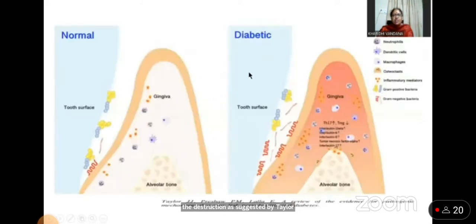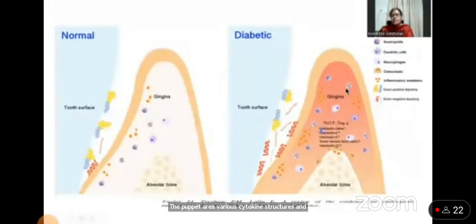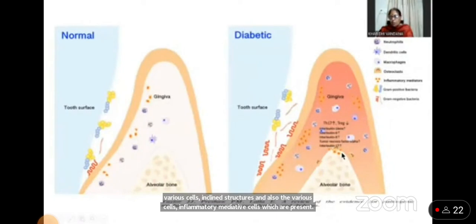In the diabetic gingiva, as compared to normal gingiva, we can tell about increased gram-positive and gram-negative bacteria in the pocket area, various cytokine structures, and also the various inflammatory mediator cells which are present, and then osteoclastic resorption of the bone.